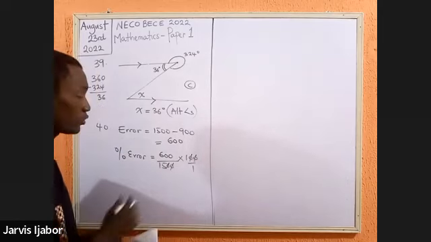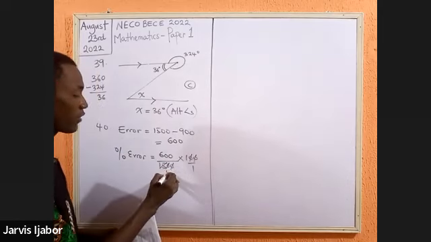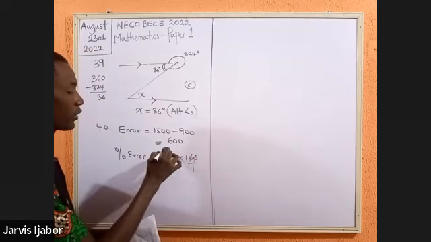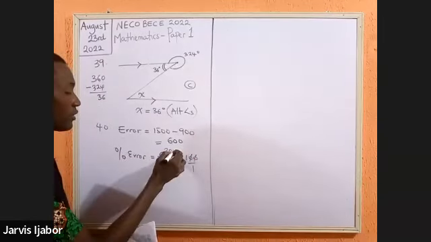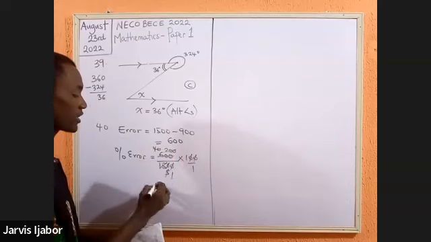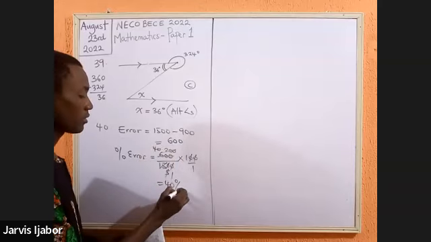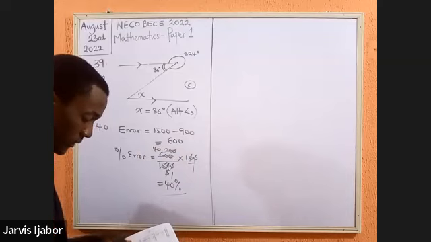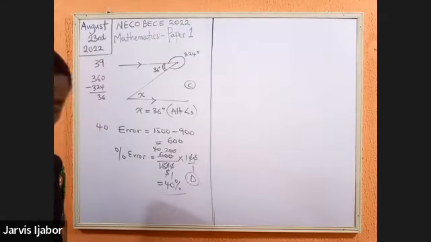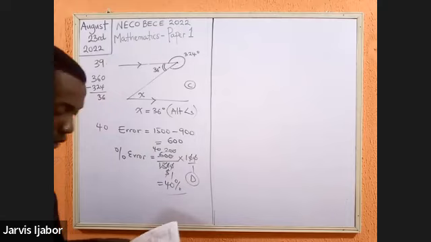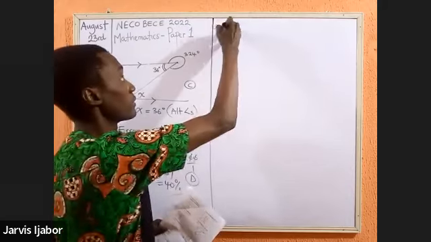And what else can we do? 3 will go here, we'll get 5. 3 will go here, we'll get 200. 5 go here, 1. 5 go here, 40. So the percentage error will be what? 40%. And that option will be what? D. So that said, we will now go to question 41.